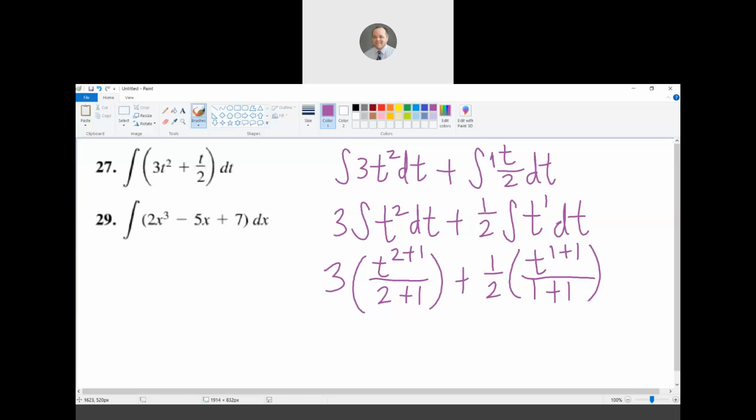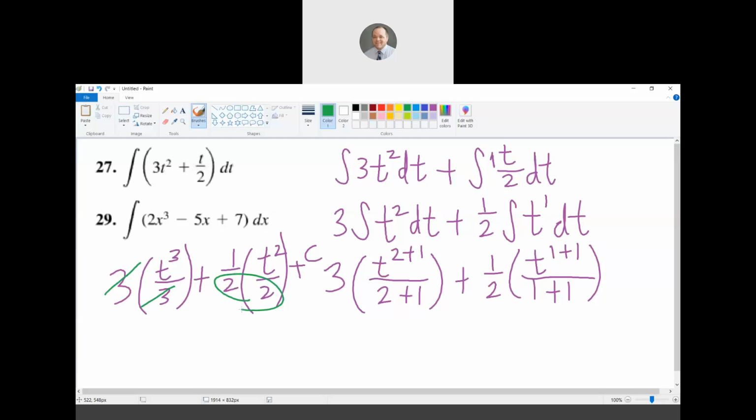That gives us now 3 times t cubed all over 3 plus 1/2 times t squared over 2 plus our c. To finish, cancel out the 3's and multiply your 2's.